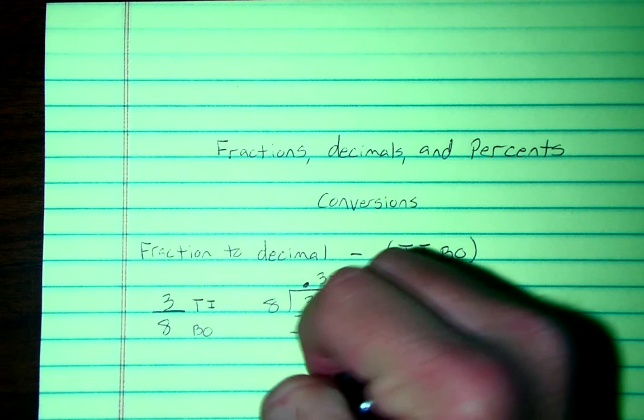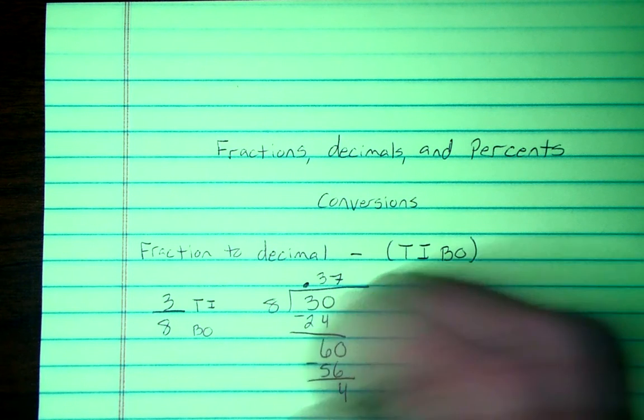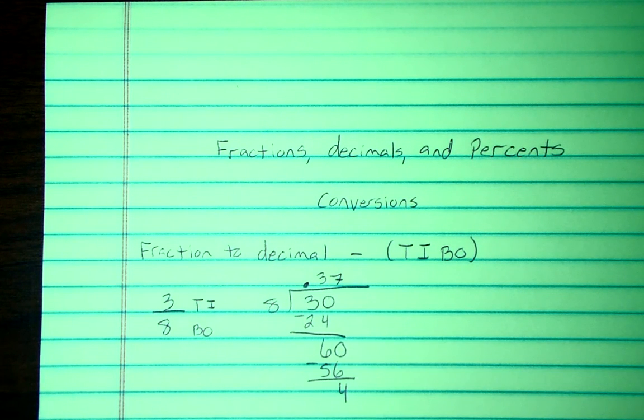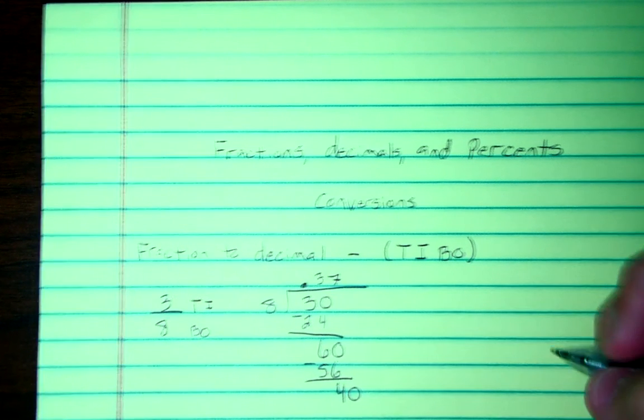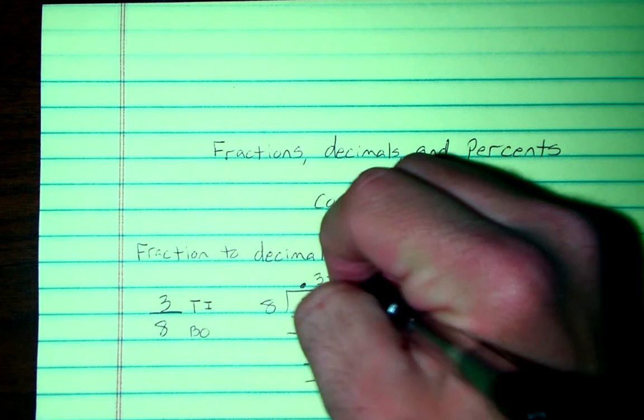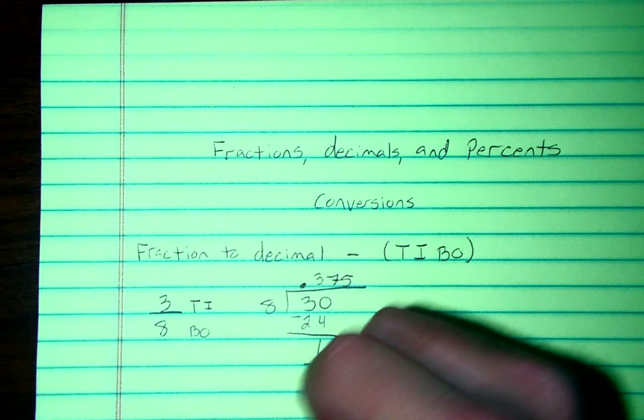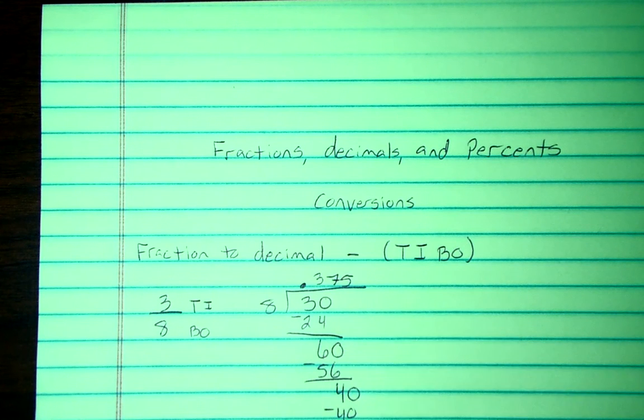And that would give you 56. Can 8 go into 4? No, but again, since you have a remainder, add a 0. And then 8 can go into 40 5 times. And there you go. You just went from fraction to decimal.